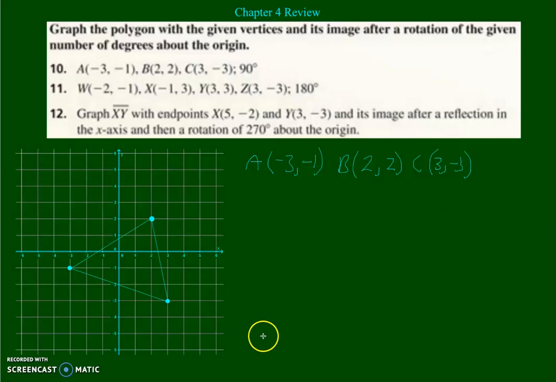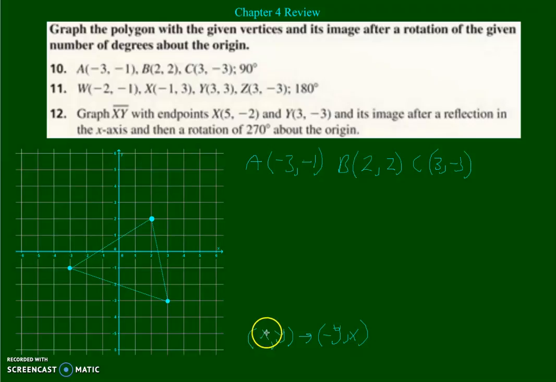Now, a rotation counterclockwise 90 degrees was the transformation x, y goes to -y, x, which means we take the original y coordinate, change its sign, and it becomes our new x coordinate.